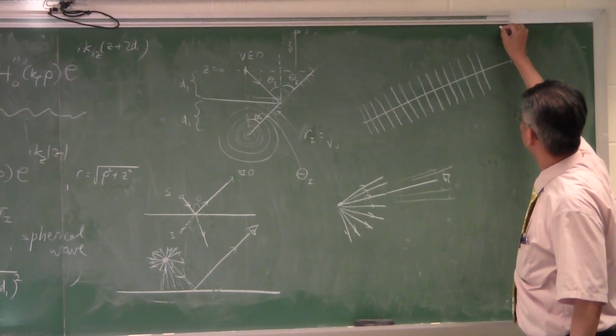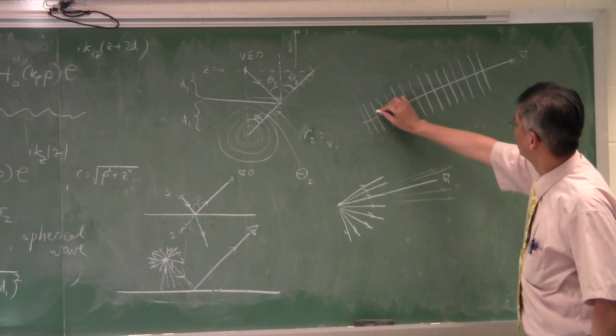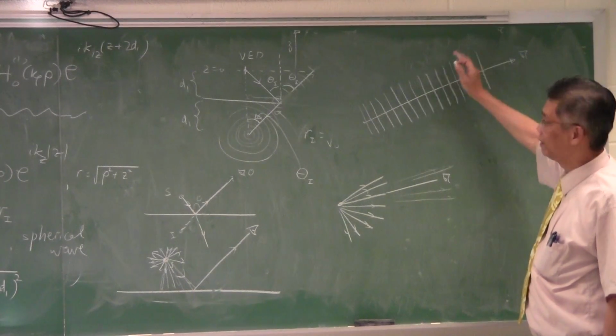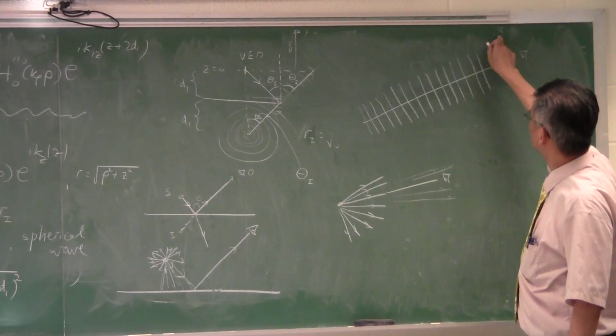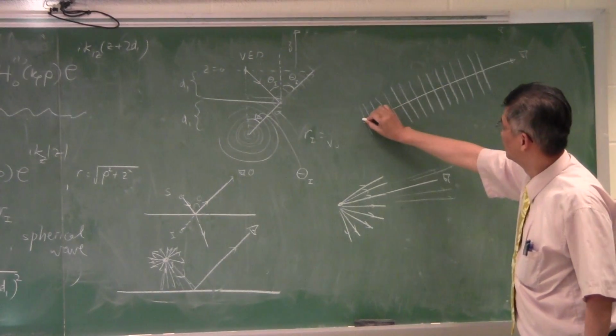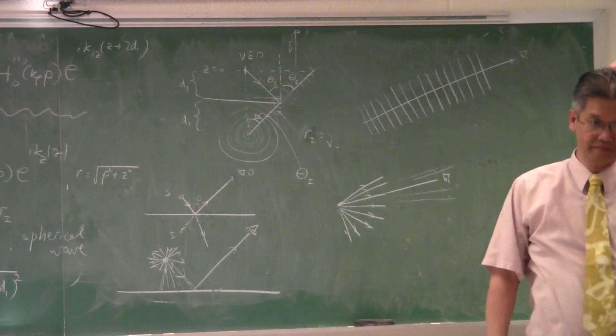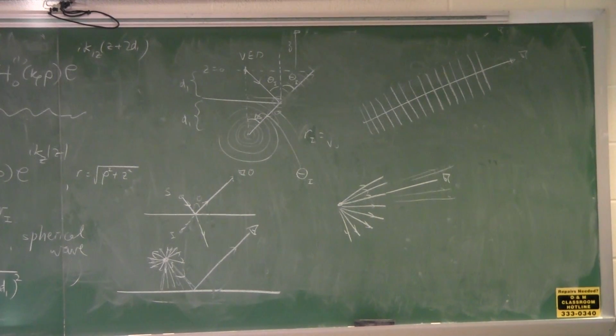If this guy is over there, some of this plane wave reaches him. But why is it that this plane wave does not affect this guy? Only this plane wave that is propagating in this direction is affecting him. Why is that so? This is the consequence of constructive and destructive interference.